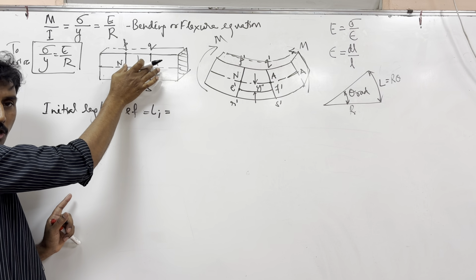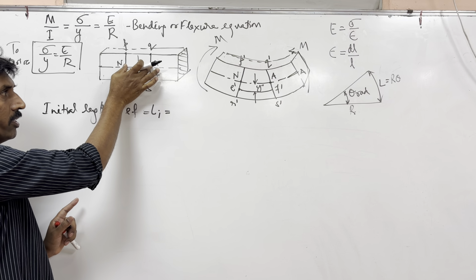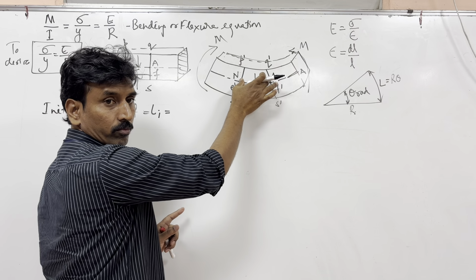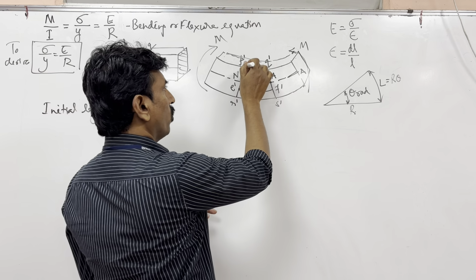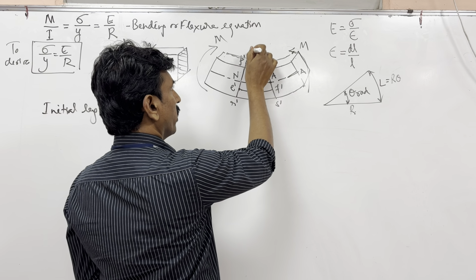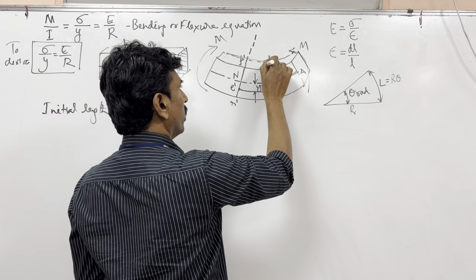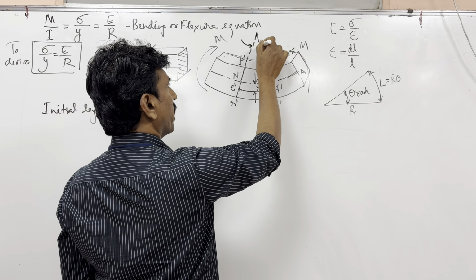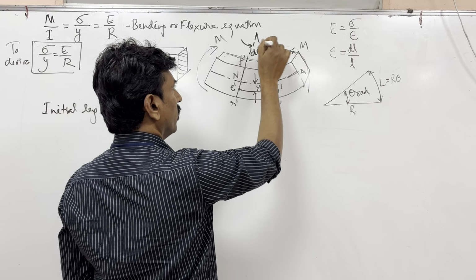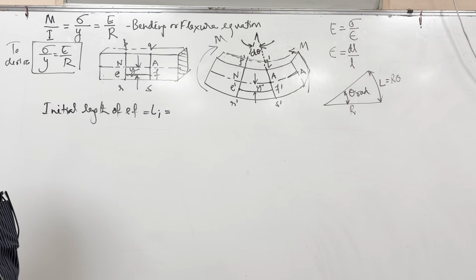Yes. Is this NA the same as NA here? Yes. Okay. Now, what I will do is, I will try to extend this here. And when I extend this, this forms an angle d theta.